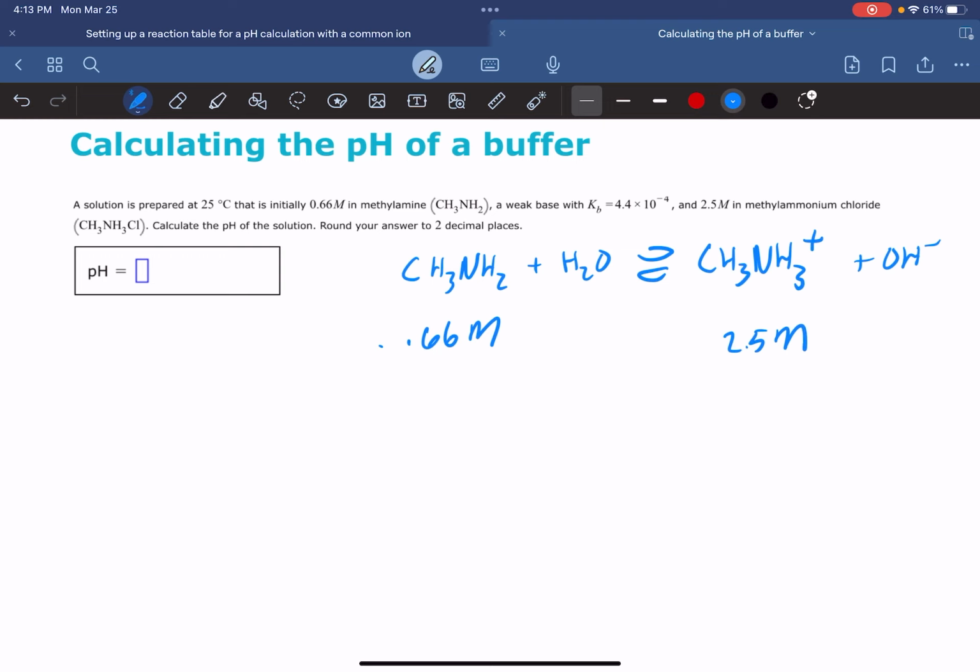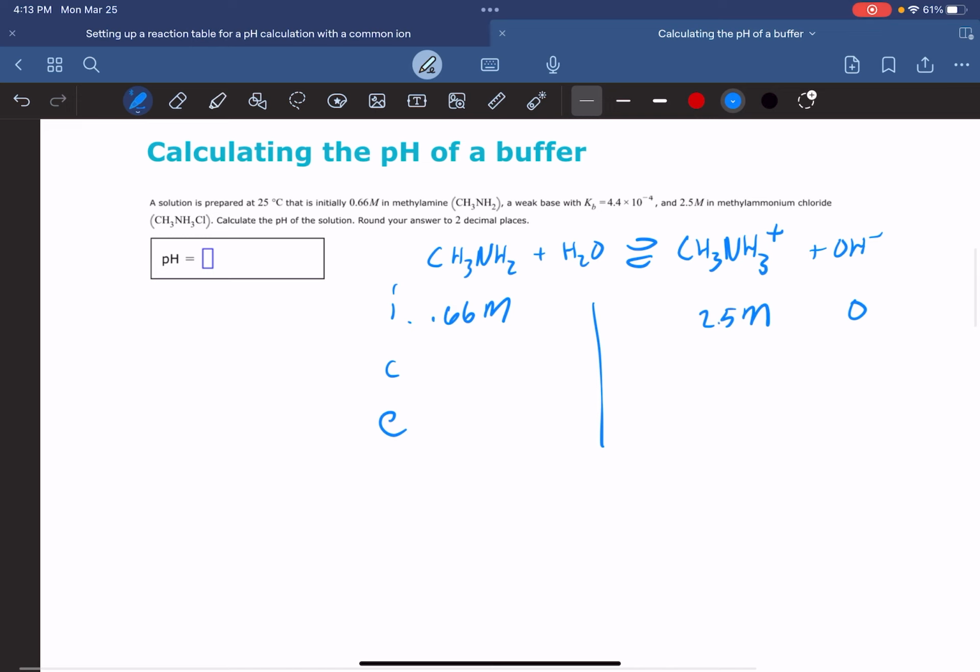These are my initial values, and we have 0 of this, so we could, if we wanted to, do an ICE problem. But why would we do an ICE problem, right? So let's take a look at our Henderson-Hasselbalch equation, because that is the giver of all good things. pH is equal to pKa plus the log of the base over the acid.